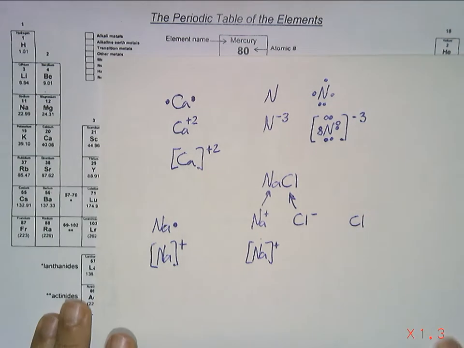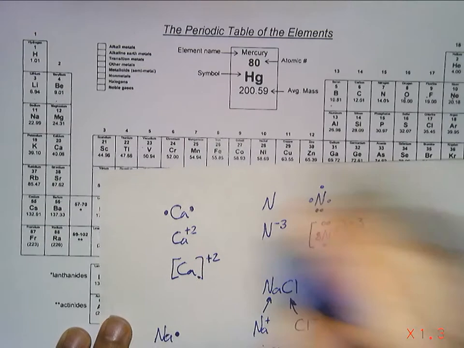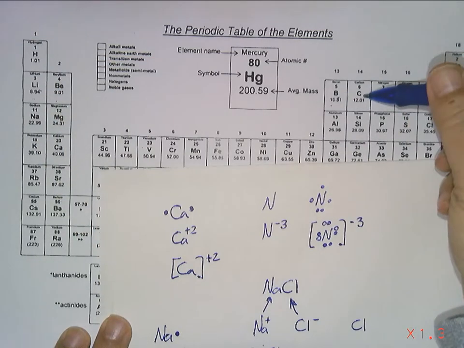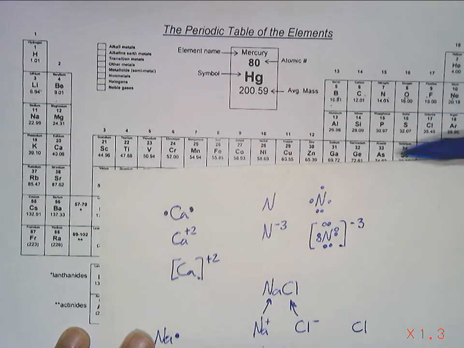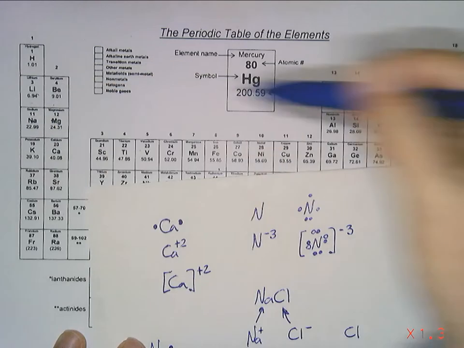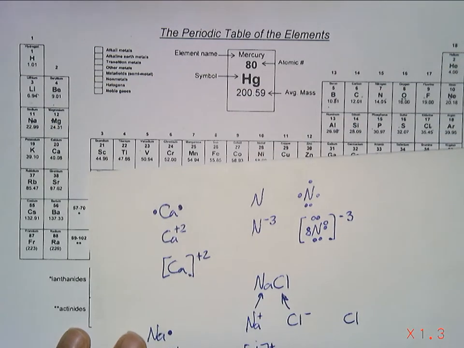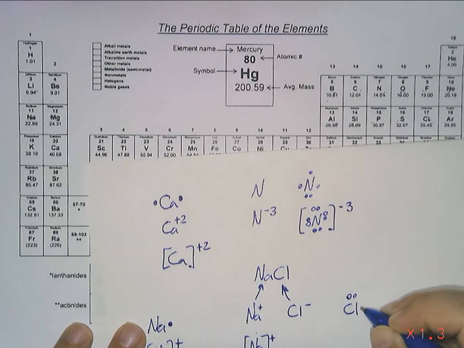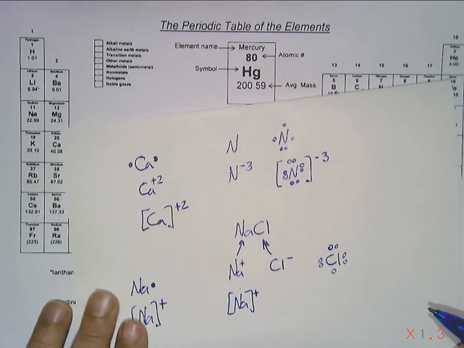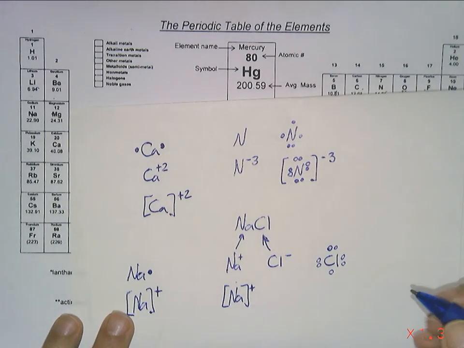Chlorine has got 1, 2, 3, 4, 5, 6, 7 dots on it. If I want to do Cl minus, I'm going to put 1 more on there.